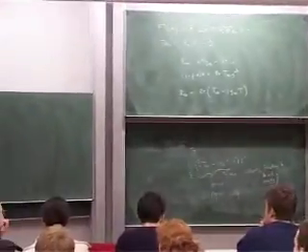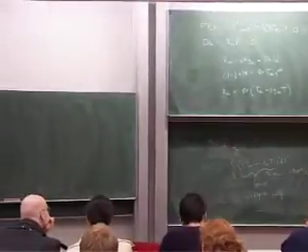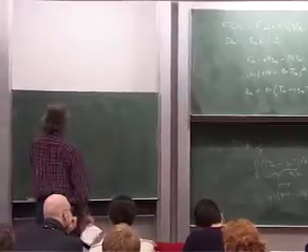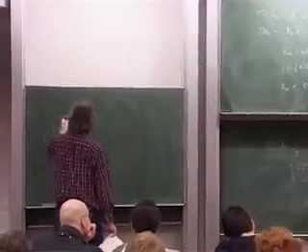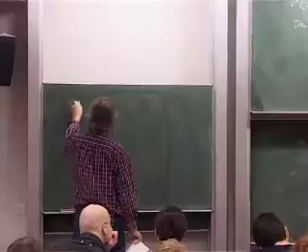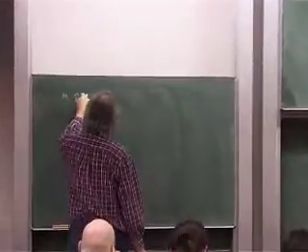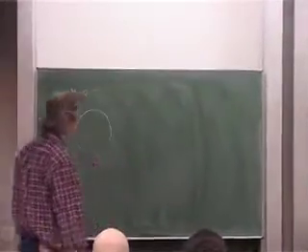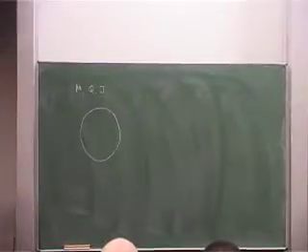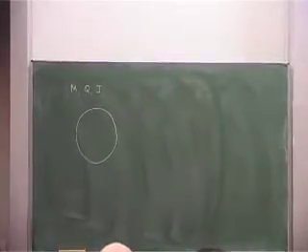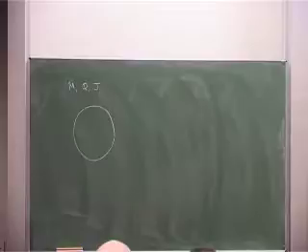So having said that, I can now do a simple thought experiment. Here is a black hole of mass m, charge q, angular momentum j. That's all I need to know about it if it's sitting in asymptotically flat space-time and is in equilibrium.